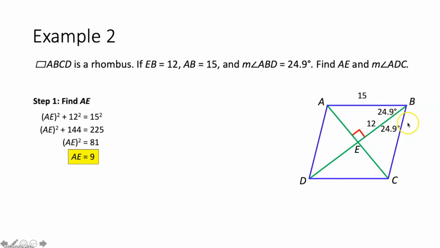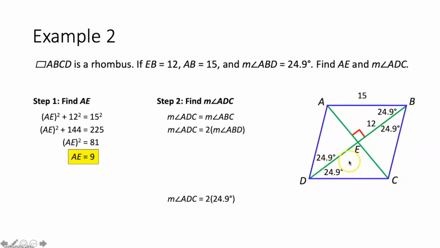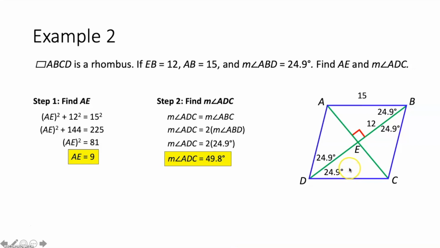And again, because opposite sides are congruent and the diagonals bisect both pairs of opposite angles, we know each of these also has to be 24.9 degrees, meaning that if we want to find the measure of angle ADC, all we have to do is add up both of these, or just say that the measure of angle ADC is equal to the measure of angle ABC up here, which is equal to 2 times 24.9, which is 49.8 degrees.